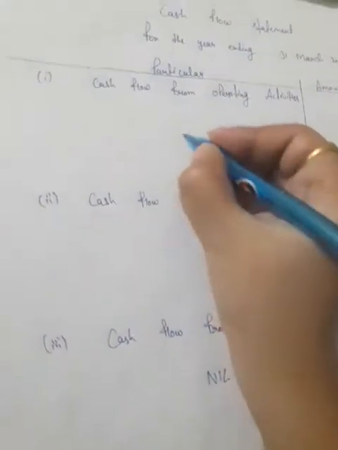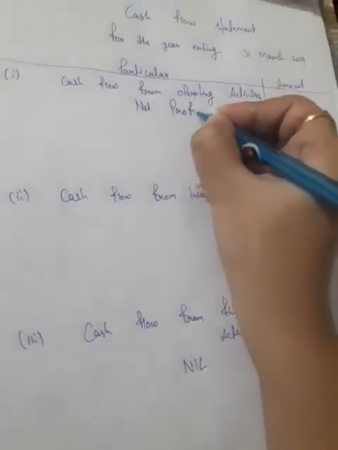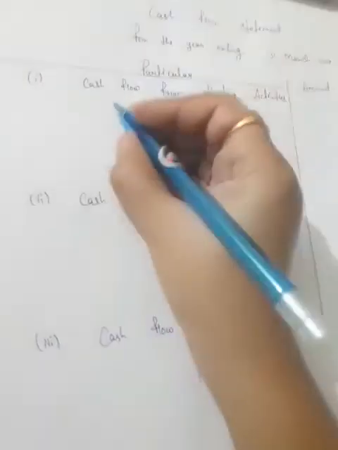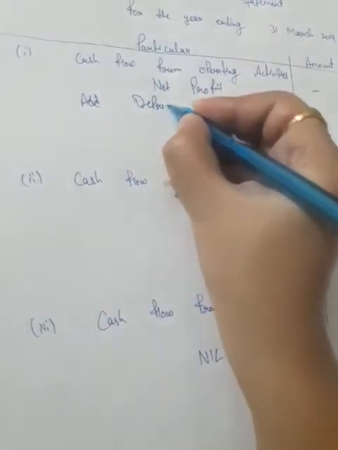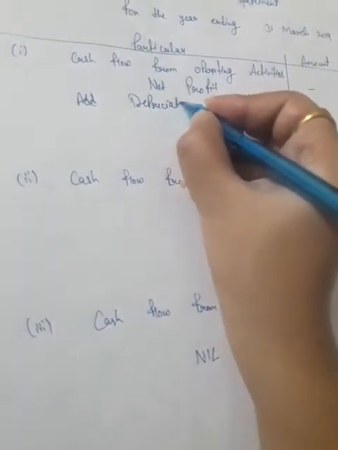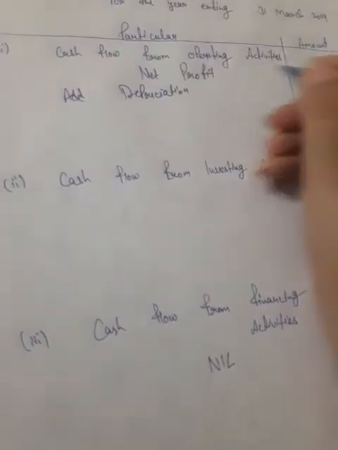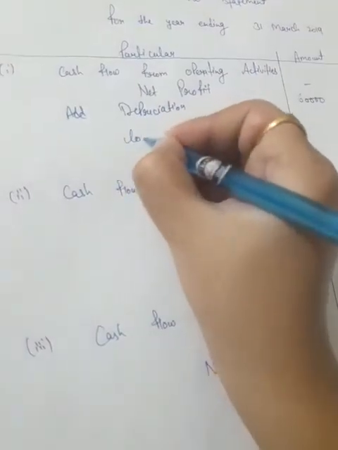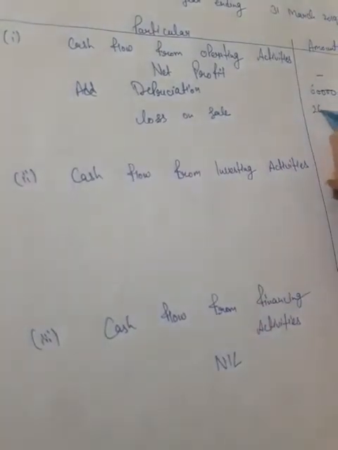So net profit is not given in this statement, so that's why net profit is missing. But we have depreciation, which we calculated from the depreciation account, your balancing figure 60,000. So depreciation charged is 60,000 and loss on sale of machinery is 26,000.